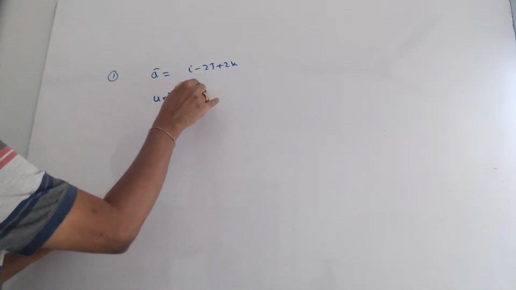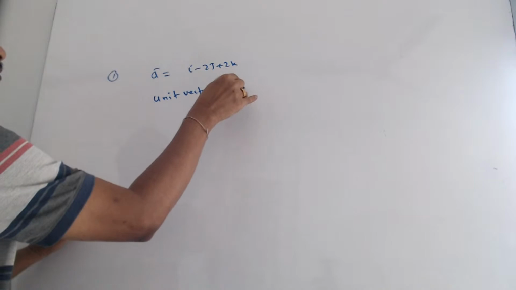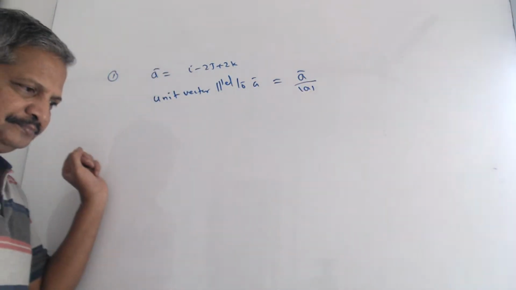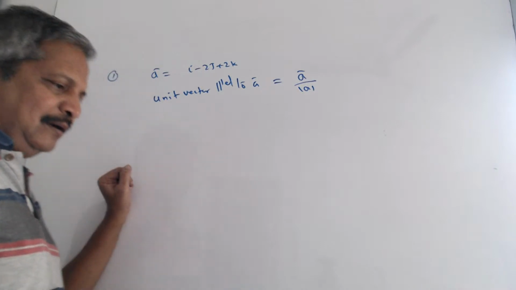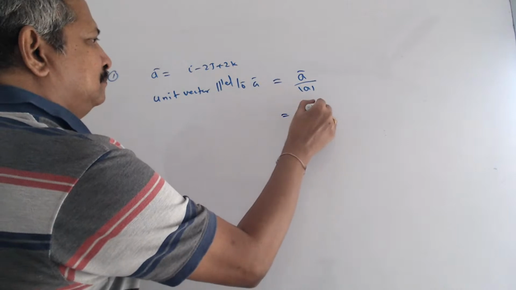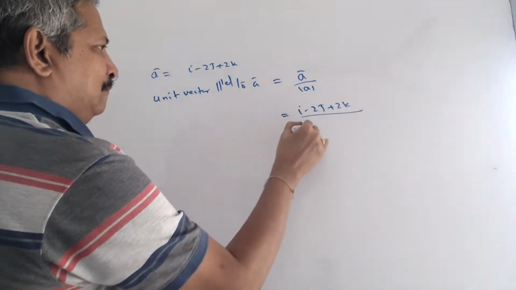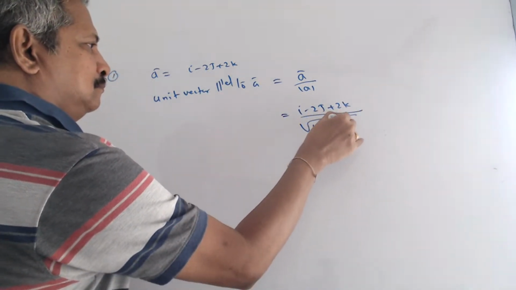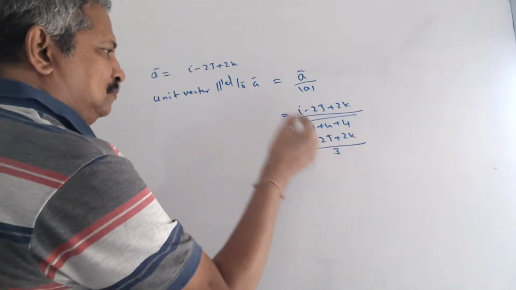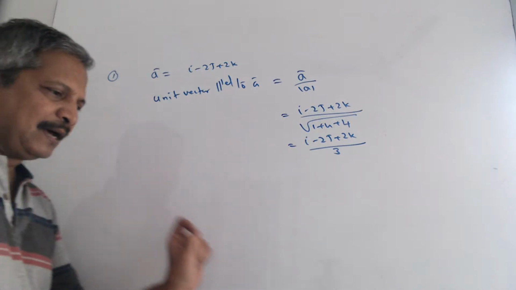Many formulas I will tell while doing the problems. The unit vector parallel to A bar is A bar by mod A. This is the unit vector parallel to A.